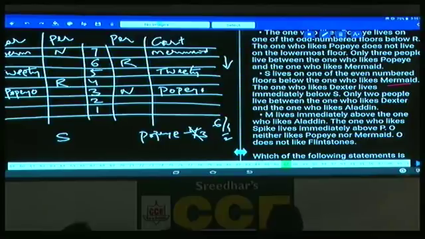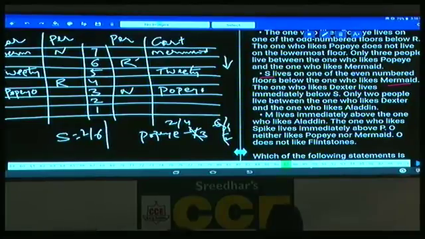Here S cannot be on the 6th floor because R is already here. Hence S must be either on the 2nd floor or on the 4th floor. And similarly here S can be on the 2nd floor or the 6th floor. In the second case S is on 2 or 6, and in the first case S will be 2 or 4.